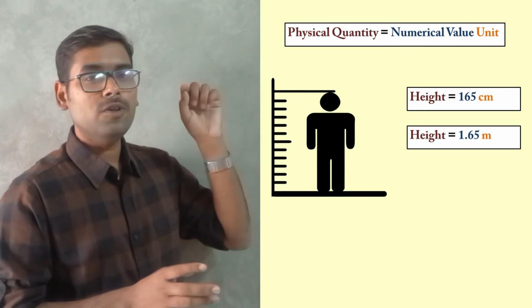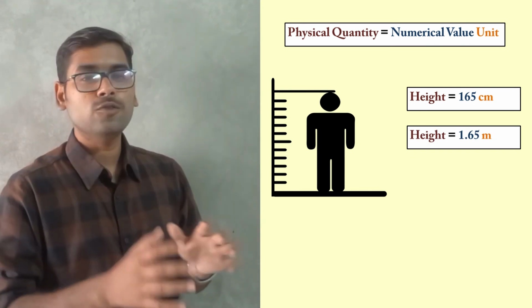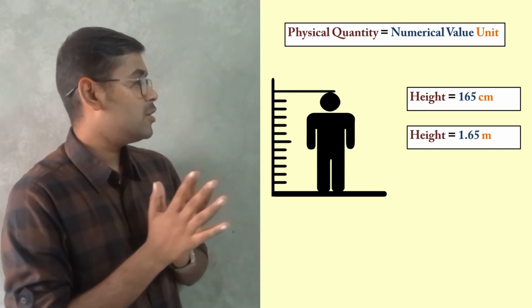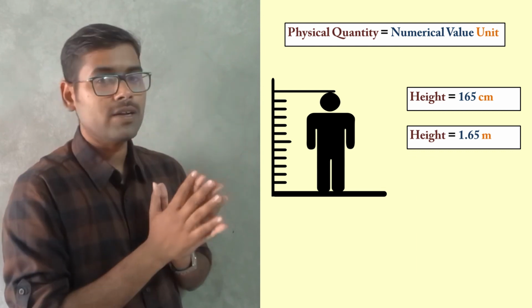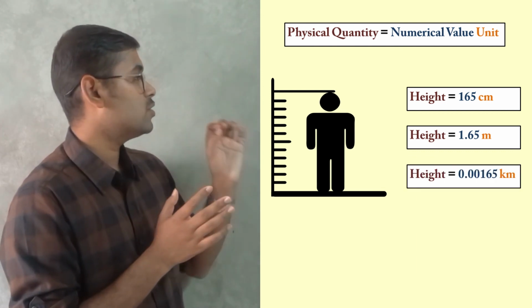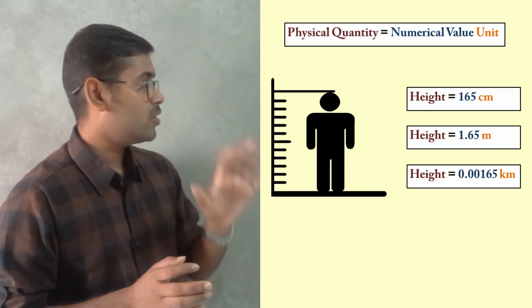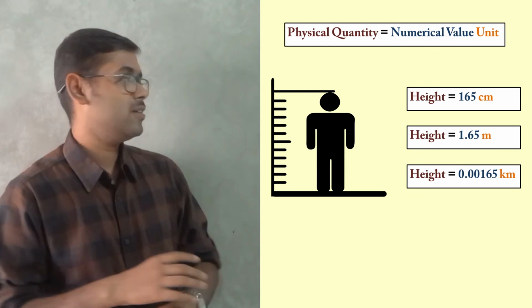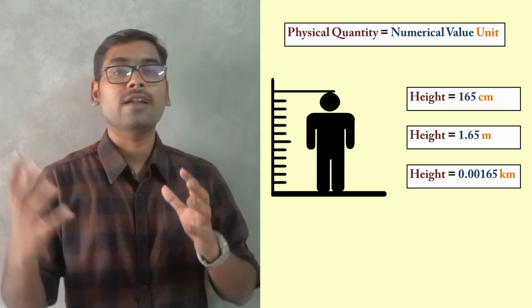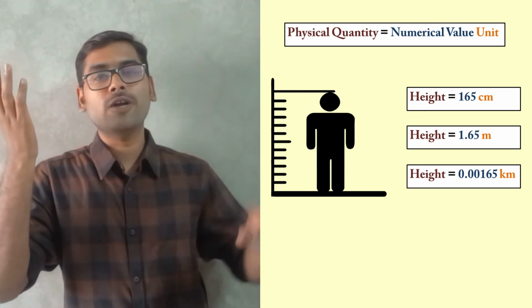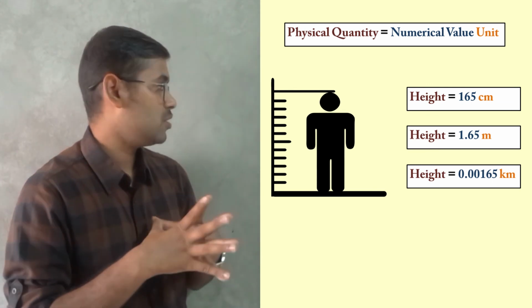Here the numerical value got reduced when I used the bigger unit than centimeter. Now similarly, if I choose to express my height in kilometers, then my height will be equal to 0.00165 kilometers. Again, the numerical value got reduced when I chose bigger unit. Now what is the relation that you can derive from this example? Bigger the unit, the lower will be the numerical value of the measurement, right?